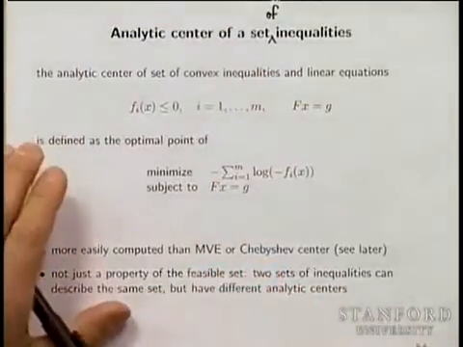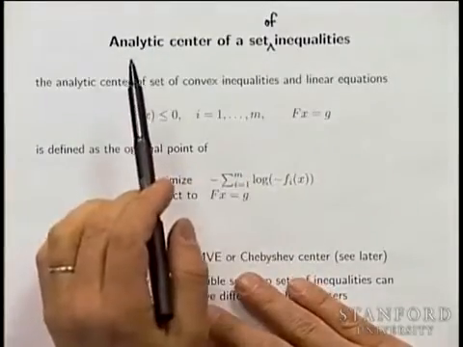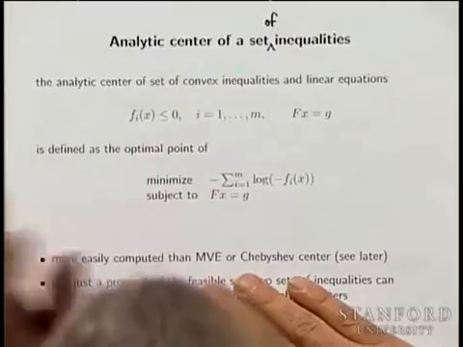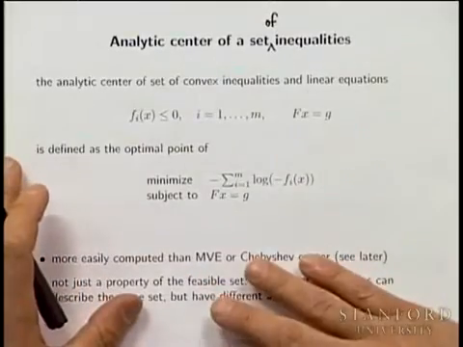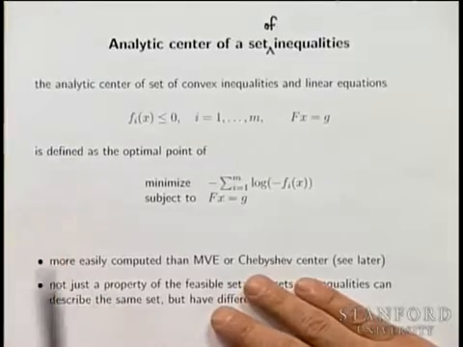Another center is the so-called analytic center of a set of inequalities. So this we're going to look at in great detail in two weeks from now, when we actually talk about interior point methods and how you solve all these problems. So we'll save that for then mostly. But it's this.